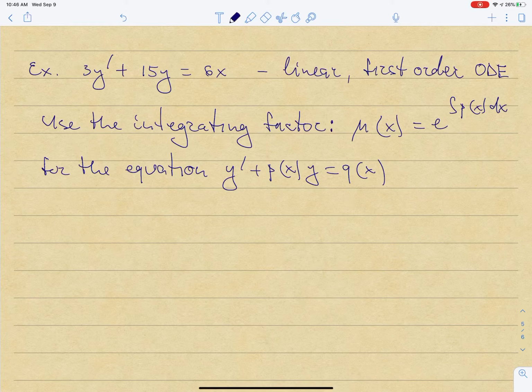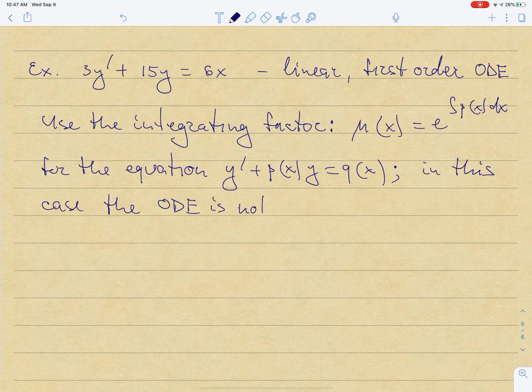So the equation has to be in the normal form, right? In this case, the ODE is not in the normal form.